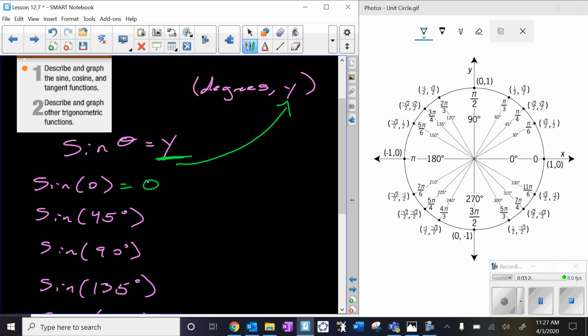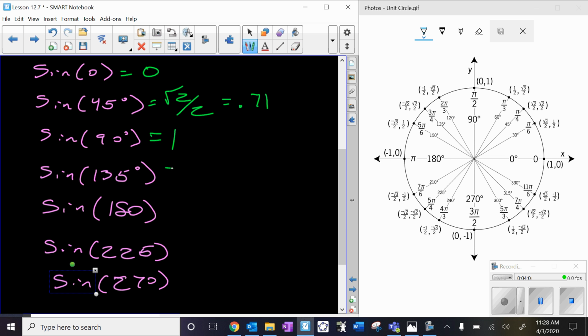For sine of 45 degrees, you can take your calculator and take the square root of 2 divided by 2. That is about 0.7-ish. I'll keep it as the square root of 2 over 2 for now, but realize that it's about 0.71. Sine of 90, our y value is 1.